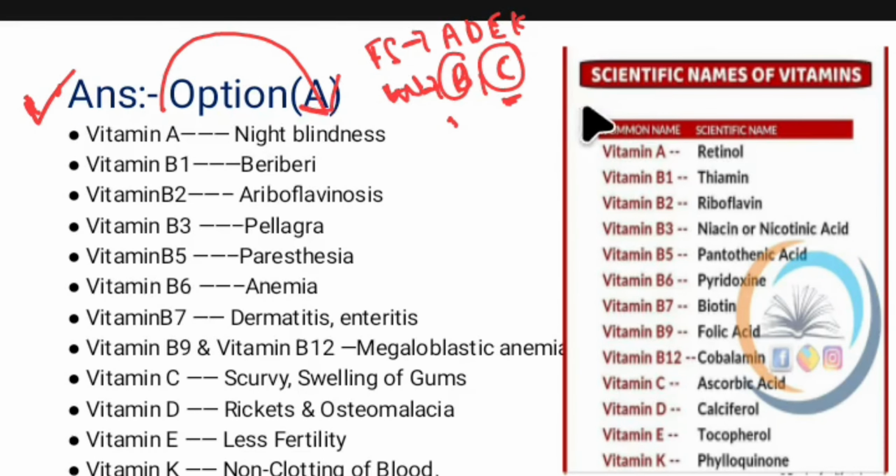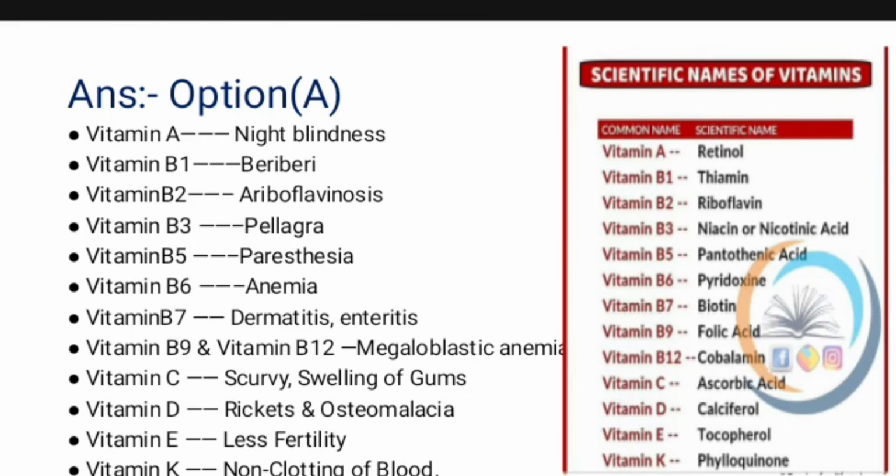These are the vitamins and their scientific names, and the deficiency of these vitamins leads to diseases. Firstly, vitamin A deficiency leads to night blindness, and B1 deficiency leads to beriberi. B2 deficiency leads to riboflavinosis, B3 leads to pellagra, B5 paresthesia, and B6 anemia.